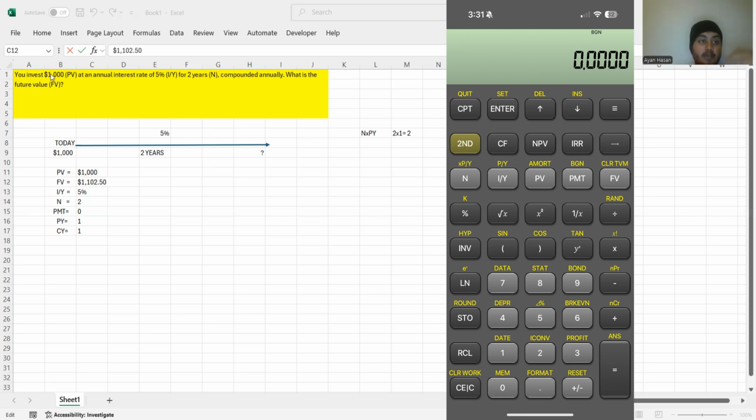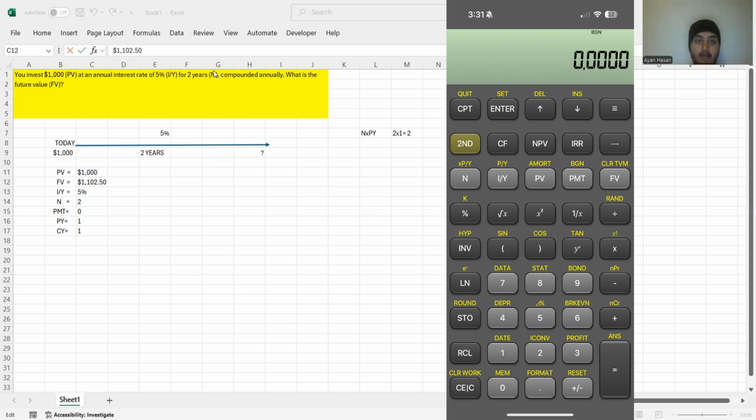At an annual rate of 5%, meaning a yearly rate of 5%, for 2 years, which is N. N is the time or the period of the payment, which I explained before starting our question.